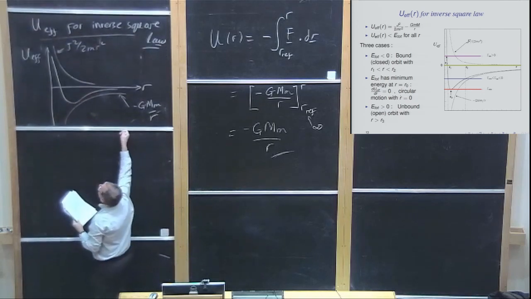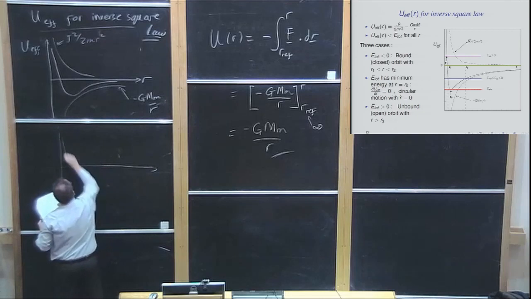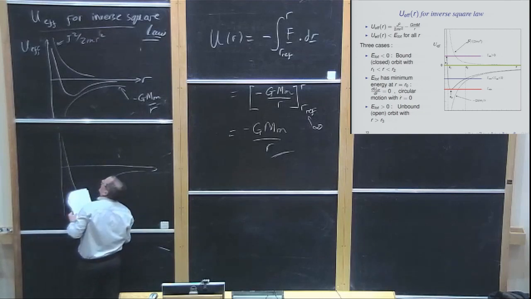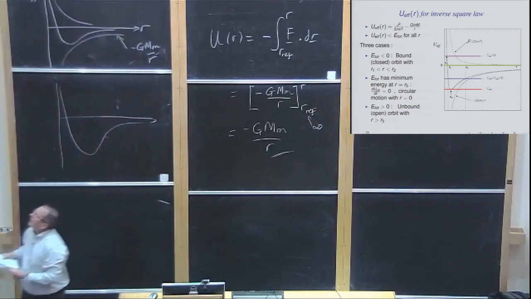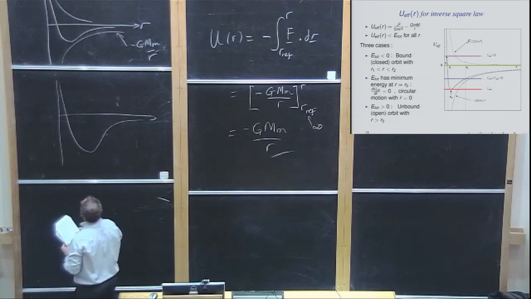Okay. So let me just draw that again and come back to this point that the allowed motion is where the effective potential is less than the total energy of the system.